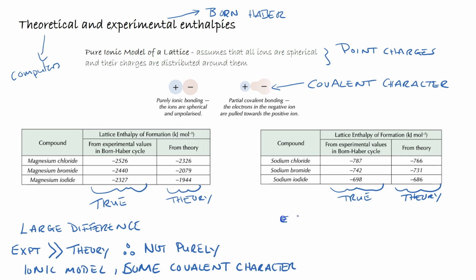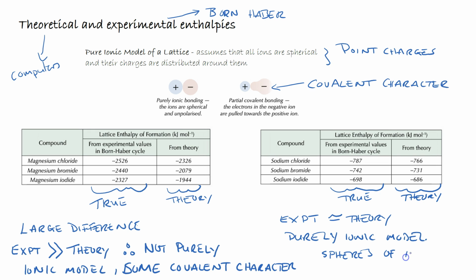So the experimental is approximately equal to our theory, and therefore it supports a purely ionic model, whereby we've got spheres of ions with charge evenly distributed.